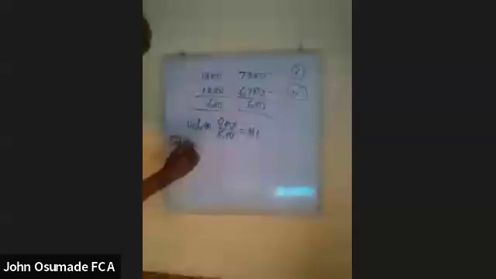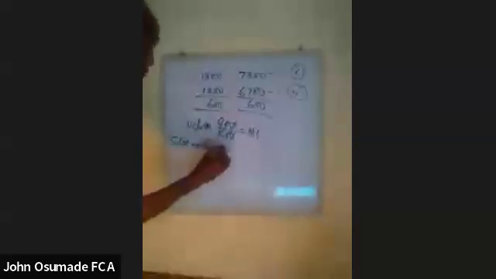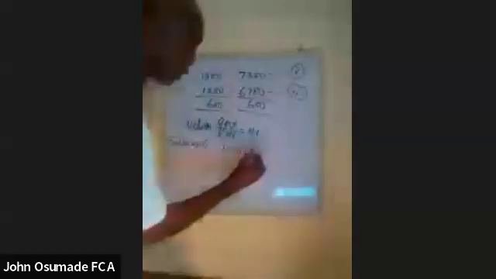Substitute in equation 1. That will be 7,300 equals A plus B. B is what?